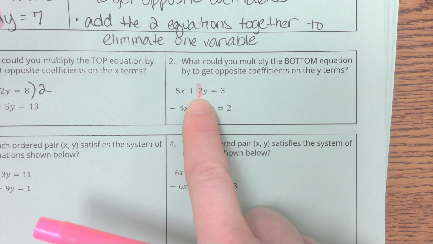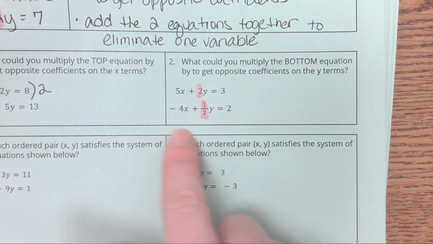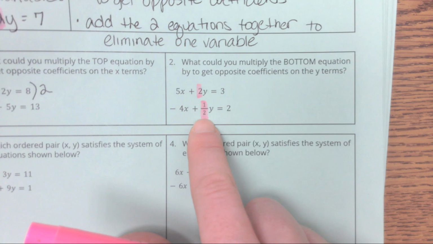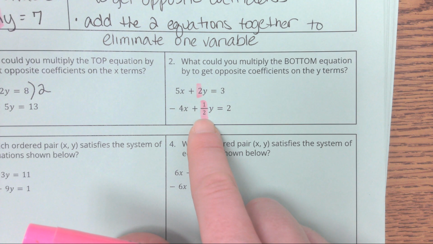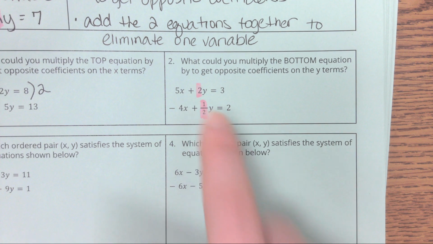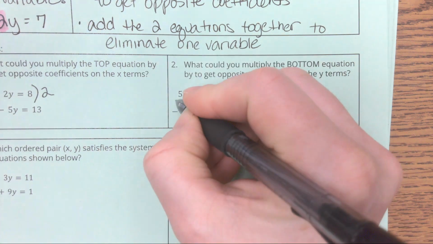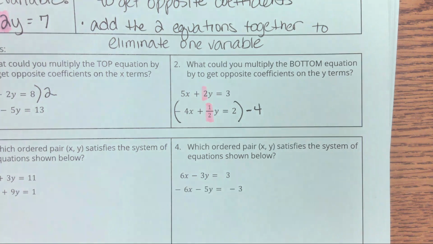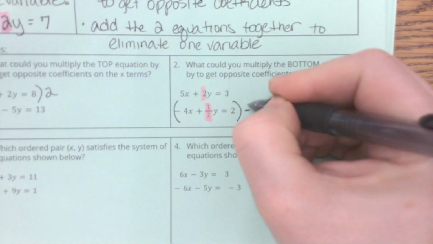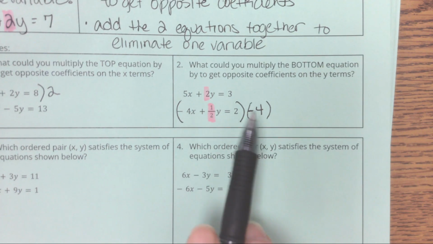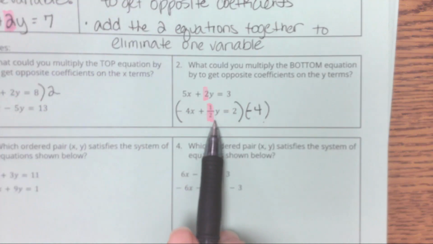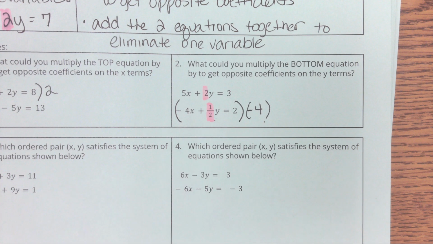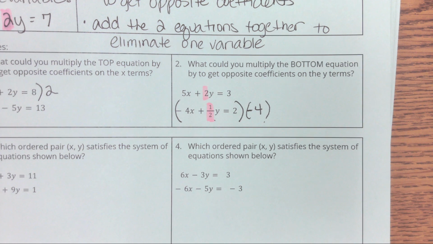Okay, so what would I multiply this bottom row by to get this to be a -2? Say it louder. -4. Thank you. That's multiplied by a -4. I'll put times there. -4 times 1/2 would give me a -2. So that's our first step, identifying what we want to multiply by.